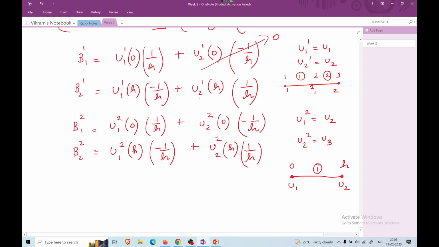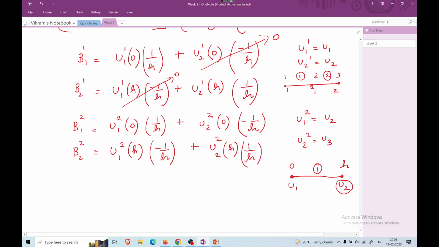Similarly in this one, u1 1, this also I can get as 0, because u2 is defined only at h and u1 is defined only at 0, so u1 of h is 0.